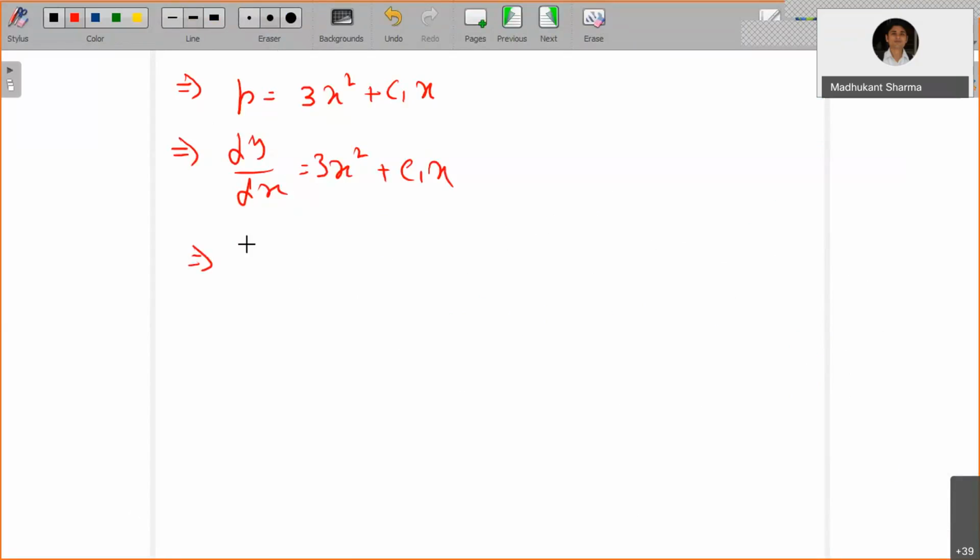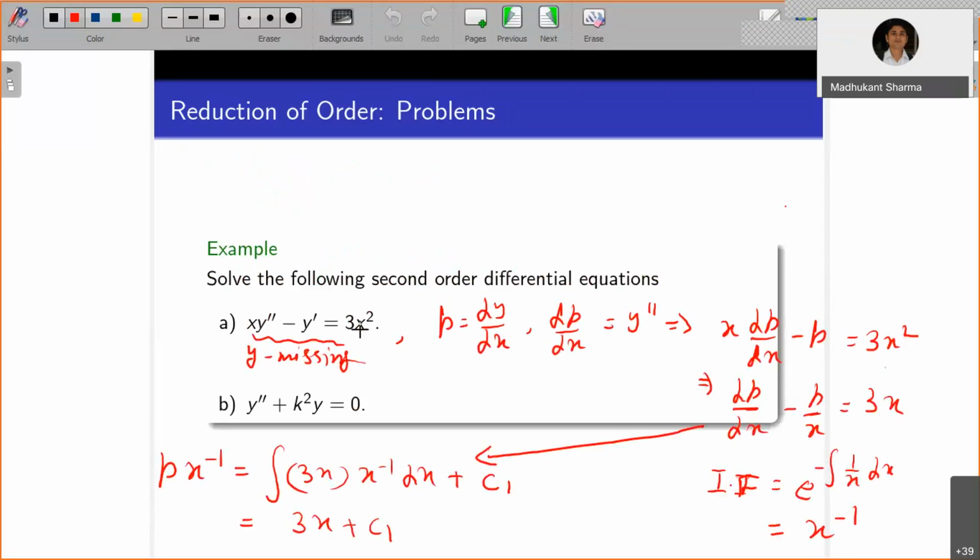So the solution of this equation, you can use variable separable again. So y equals x cube plus C1x square by 2 plus C2. Note that in the general solution of a second order differential equation, you have two arbitrary constants. In third order, you will get three arbitrary constants in the general solution.